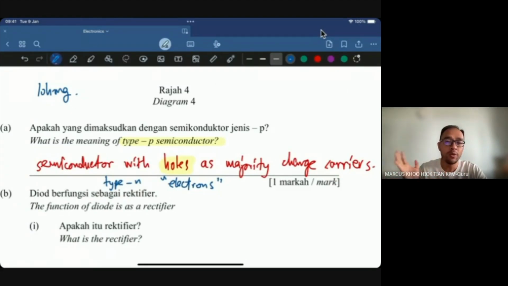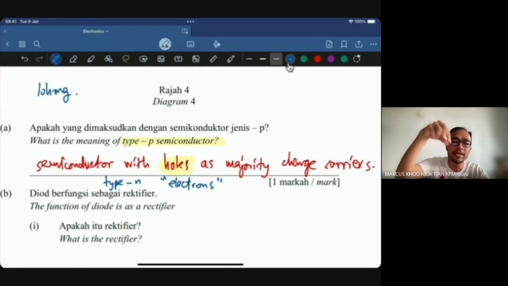Why can't we call it proton since it is positively charged? That's a good question. The reason why there are holes is because it is not filled by electrons. Technically it's not really positively charged, although in our understanding we look at it as positively charged.